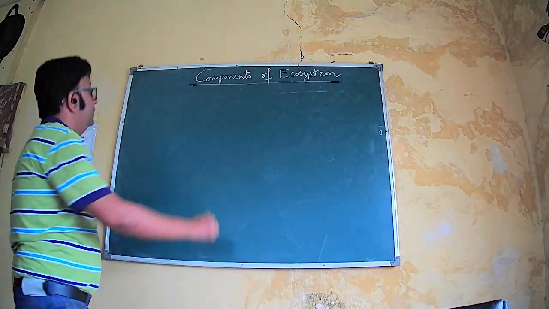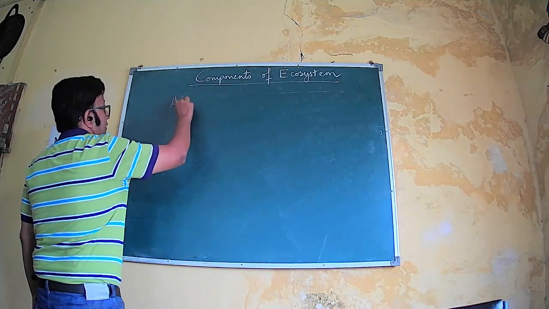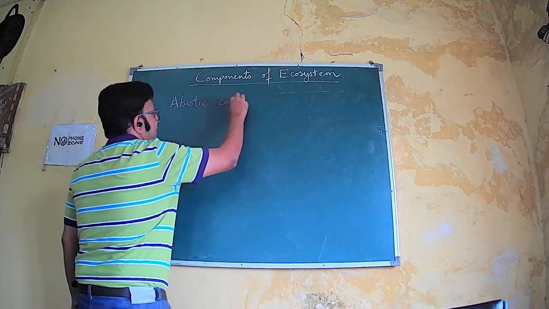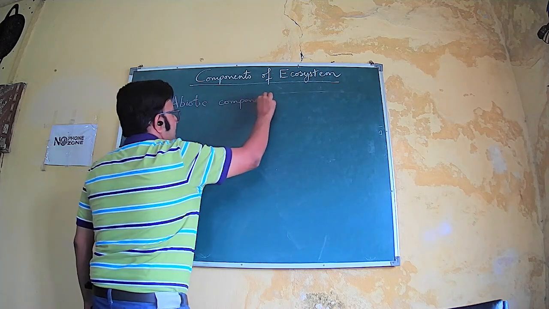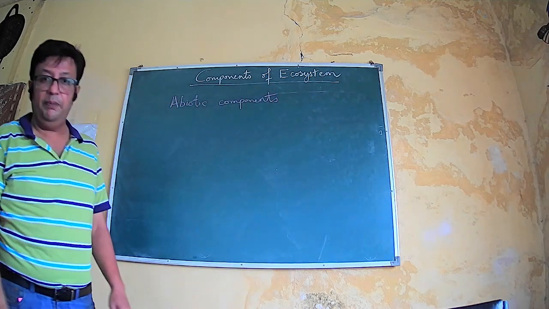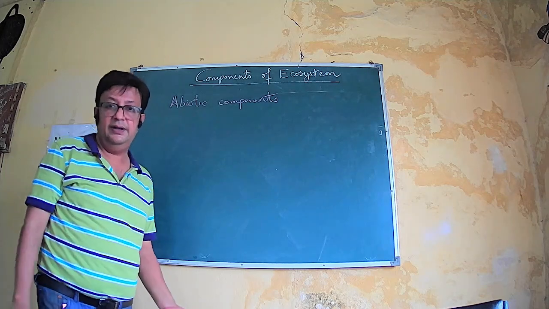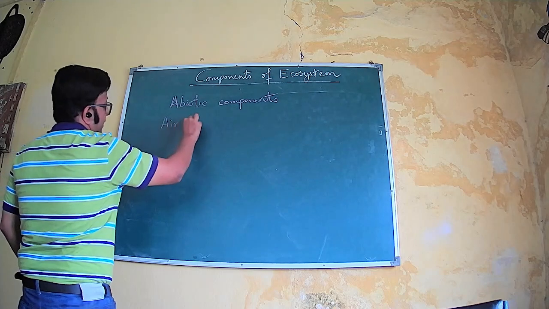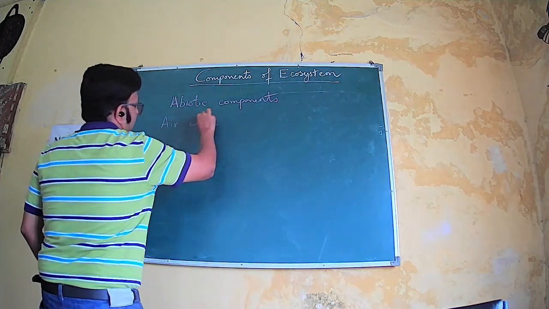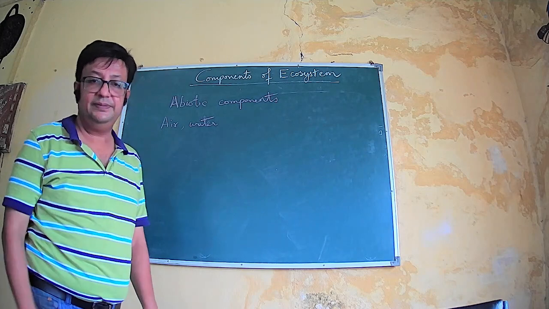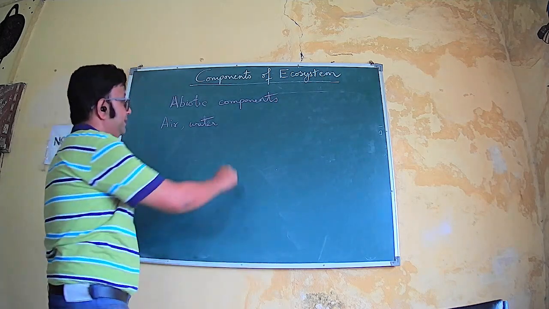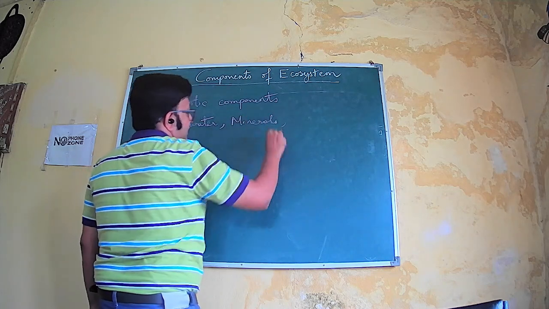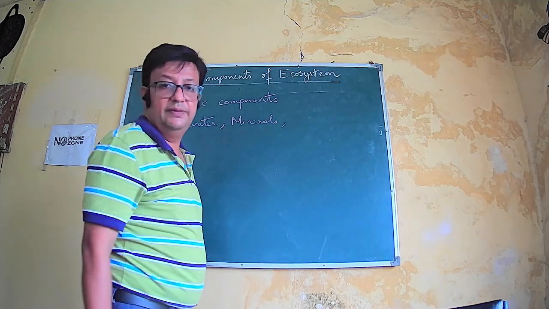So, abiotic components. What are the abiotic components? Air, water, what else can it be? Minerals, soils. Then you have light.